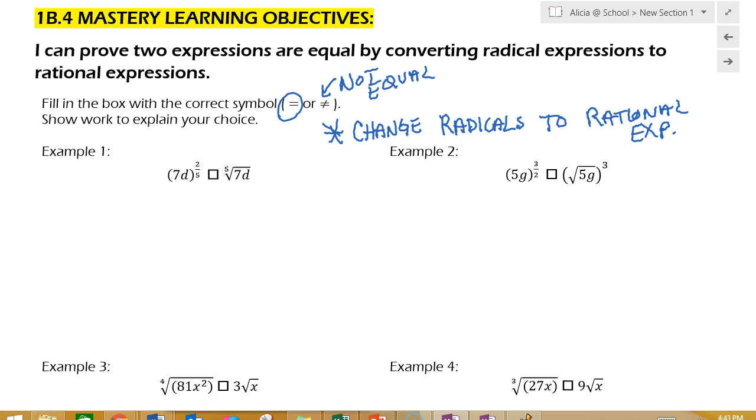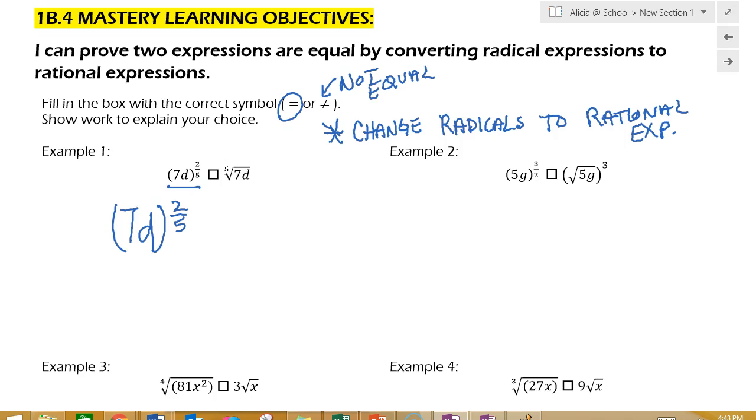So looking at example 1, I have 7d raised to the 2/5 power. That's not a radical, that's already in rational form, so I'm not going to worry about changing that. It's just going to get brought down. That's what I'm trying to prove is equal on the other side.